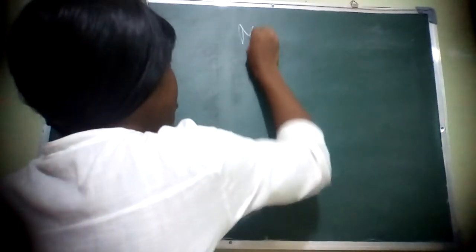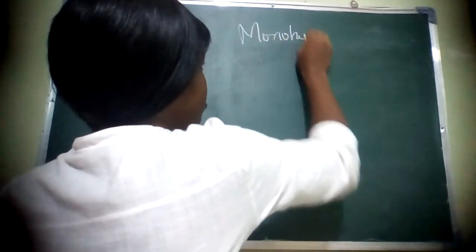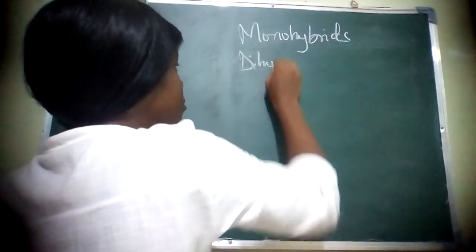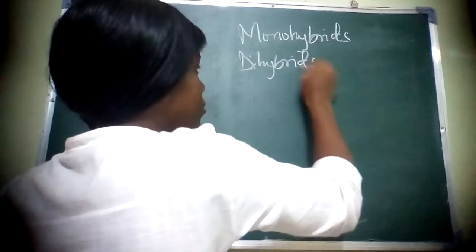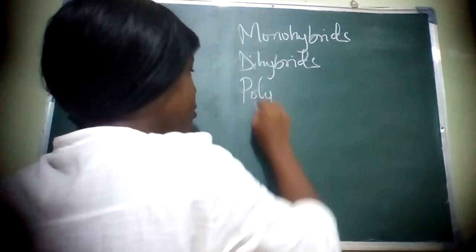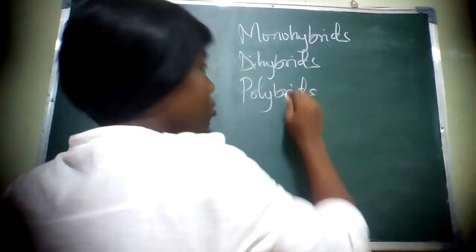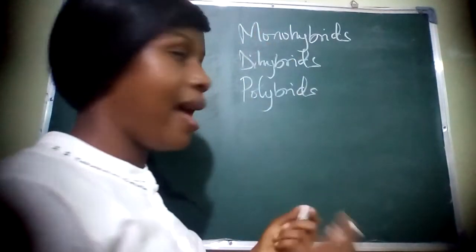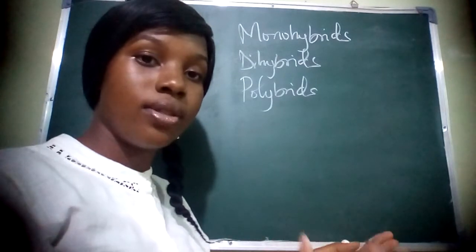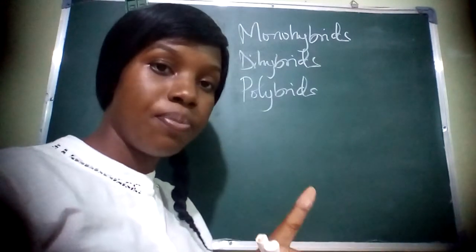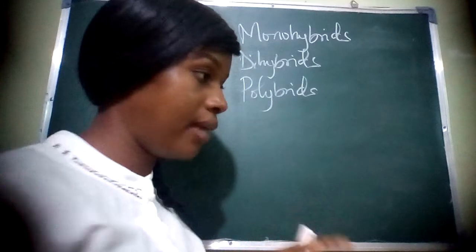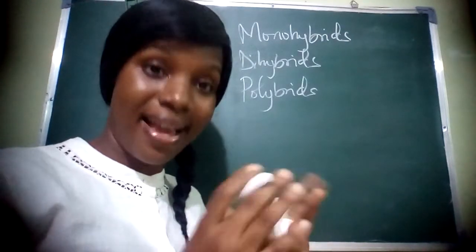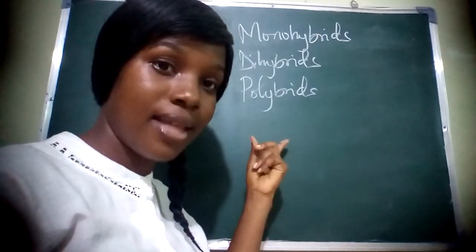We have monohybrids, dihybrids, polyhybrids. Monohybrids are hybrids gotten from crossing parents with just one pair of contrasting characters, like the gene for the trait for height, like in the instance I gave.